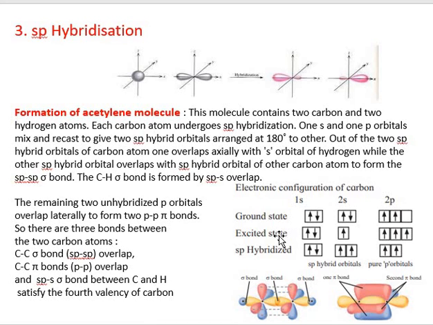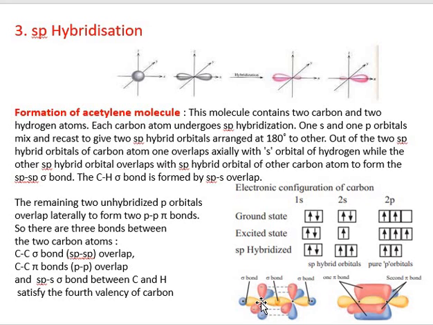Now let's see the excited state of the carbon atom. This is the excited state electronic configuration of the carbon atom, and only this s and this p will undergo hybridization to give us two sp hybrid orbitals.